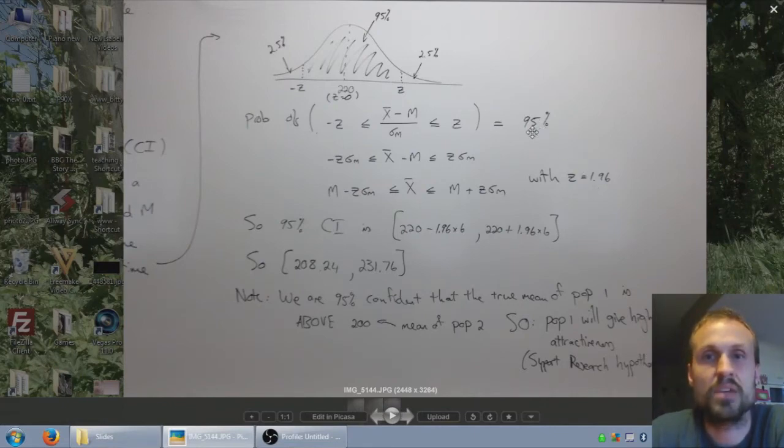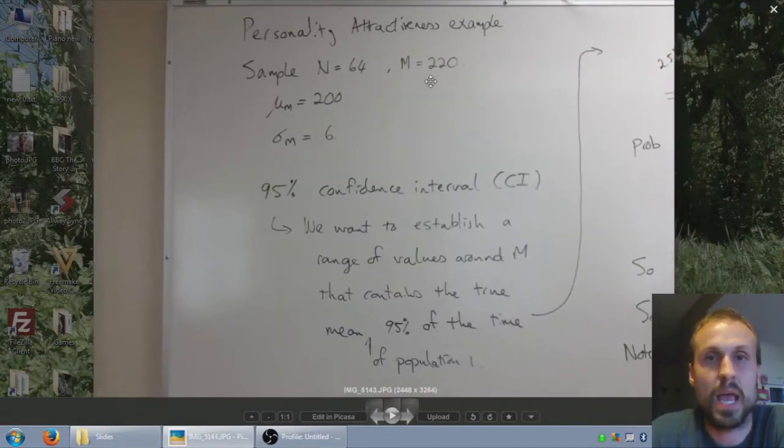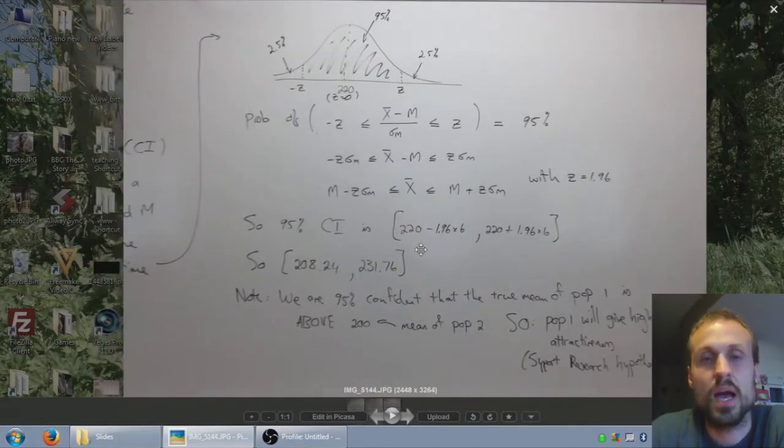So if I want to have a 95% probability of getting the population mean between these two values, I'll have to have a z value of 1.96. So when I calculate these using my m, my sample mean, and my standard deviation, I put those numbers in there and I get the 95% confidence interval ranging from 208.24 to 231.76.